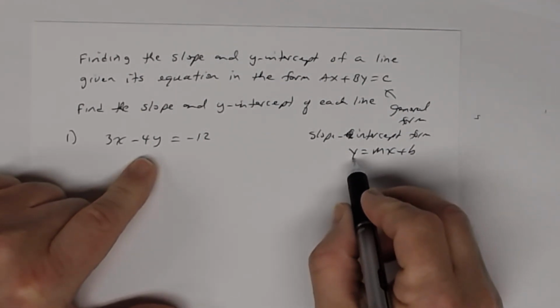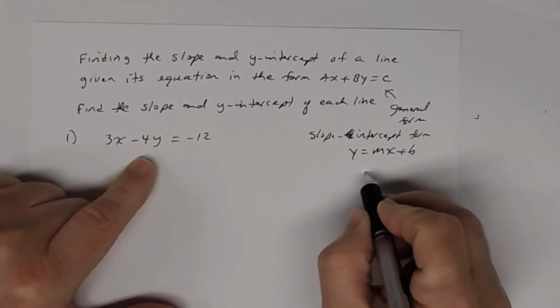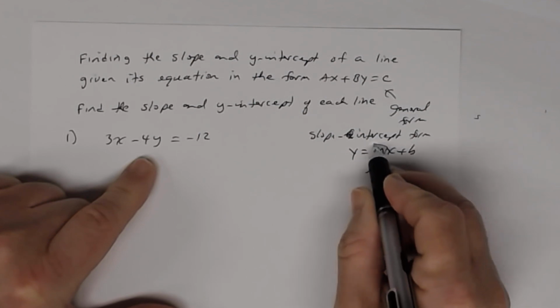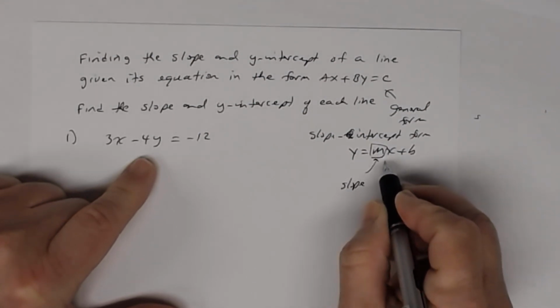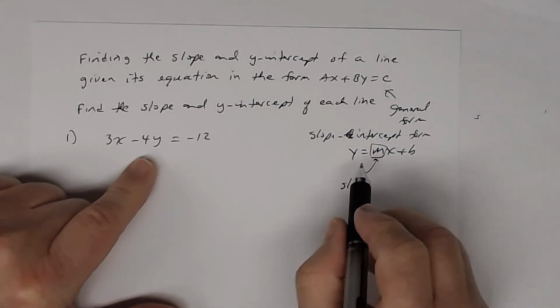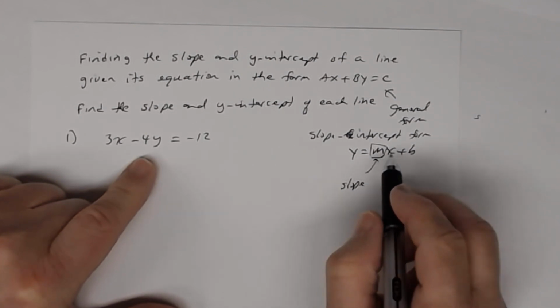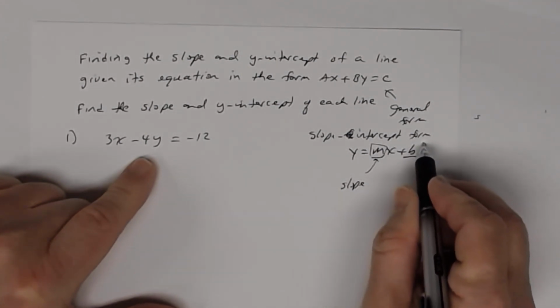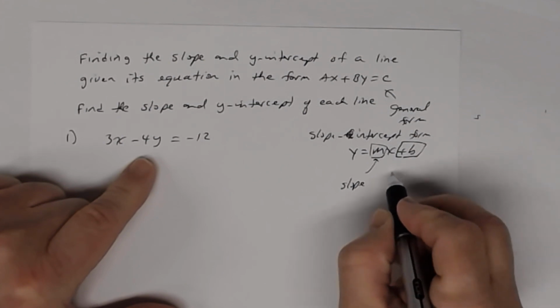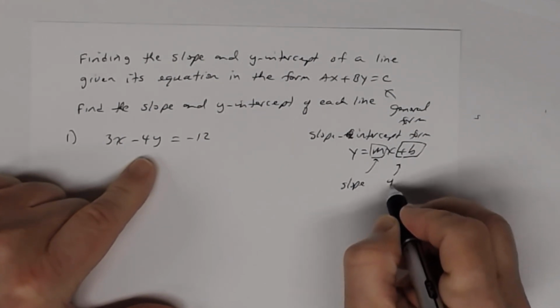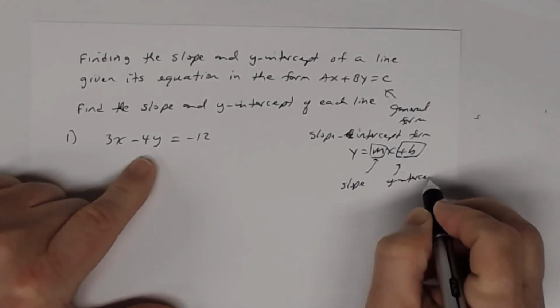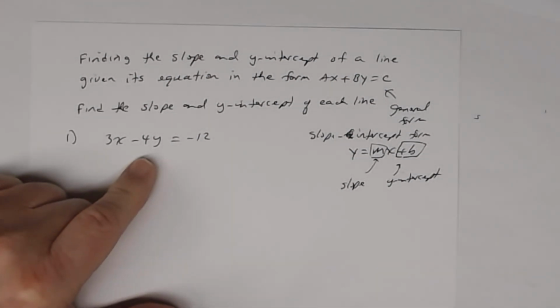Once you get y by itself, the slope is the coefficient of x, whatever you're multiplying the variable x by. Now remember, you have to get y by itself first. And then this constant right here is your y-intercept. That's where the graph will cross the y-axis.